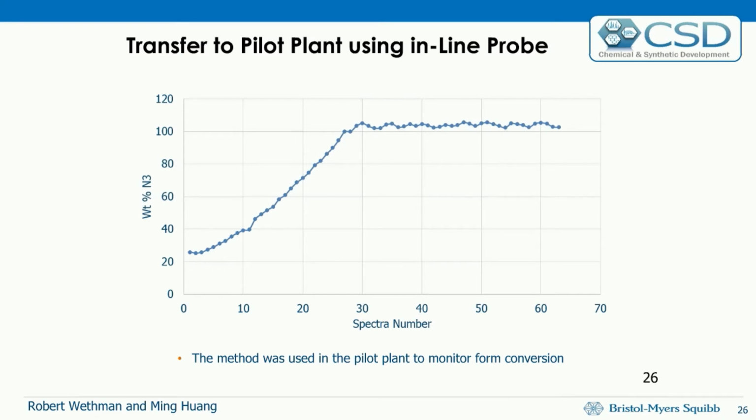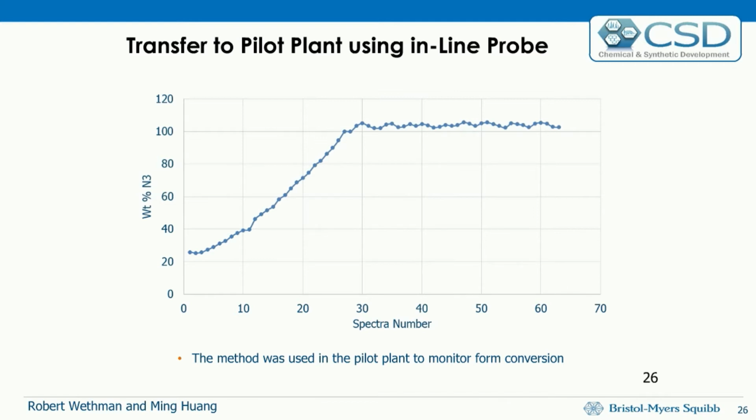And we can transfer the methods from instrument to instrument with the different probes, as long as it's the same type of instrument with the models that we built. And that would be a future discussion or presentation on the type of models we built. We do a lot of ratioing in order to increase that versatility.